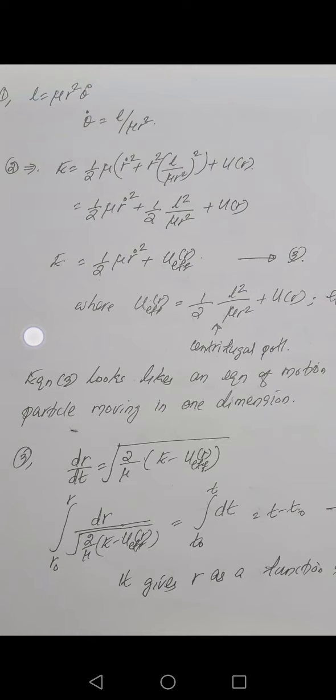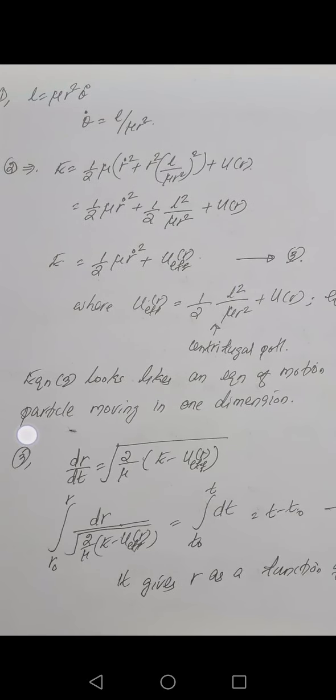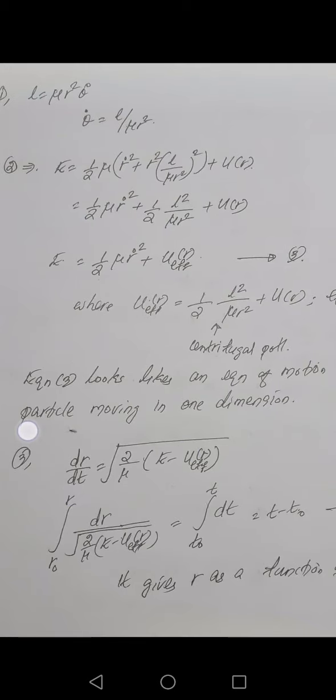Anyway, from equation 3 you can find r dot. R dot means dr by dt. So you take u effective to the left side and arranging, you will have dr by dt is square root of 2 by mu times (E minus u effective). Now I am integrating. I am taking dt to this side and the other to the downward side, because u effective depends on r.